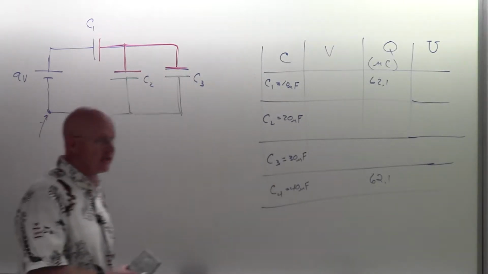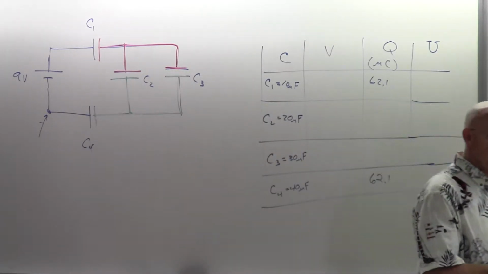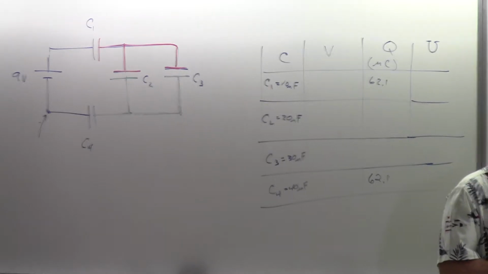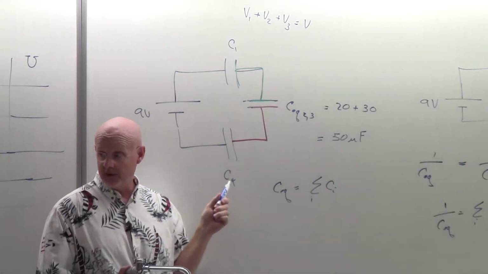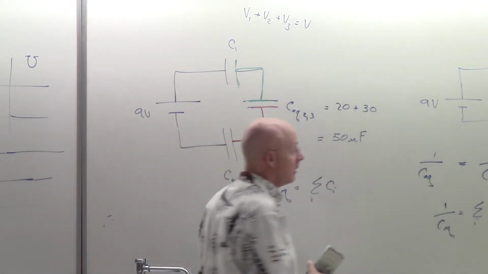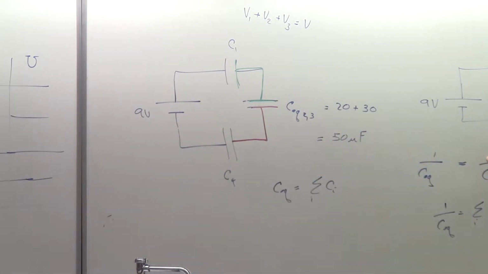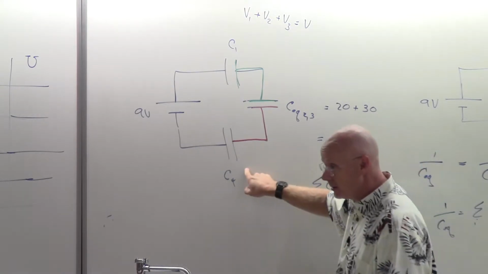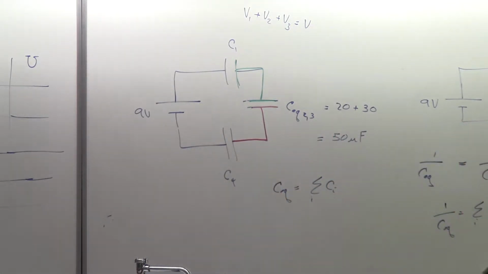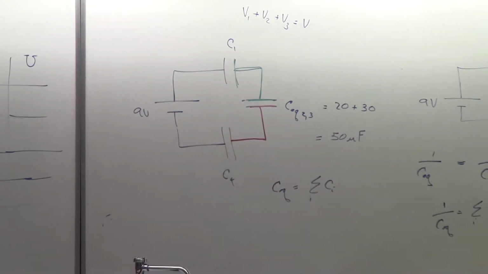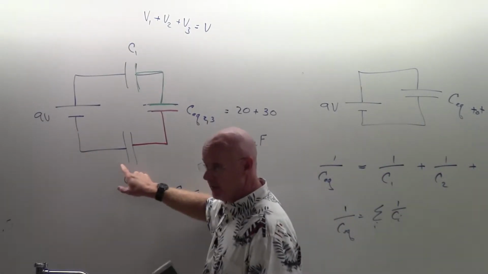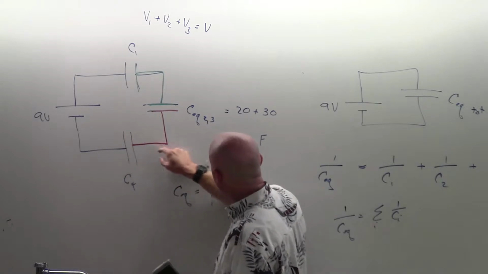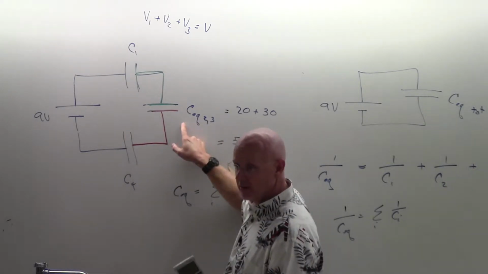Now, watch this. Here's the other nice thing about equivalent. I haven't looked at this one yet, but this can be very helpful at this point. If you compare this to this, knowing that we just calculated 62.1 comes out of the battery and goes here, that means 62.1 goes on to capacitor number 4. So how much goes on the equivalent of these two?